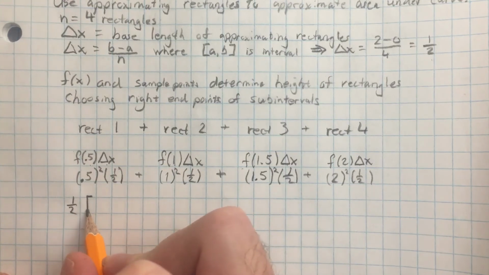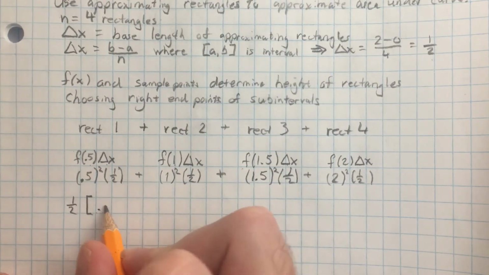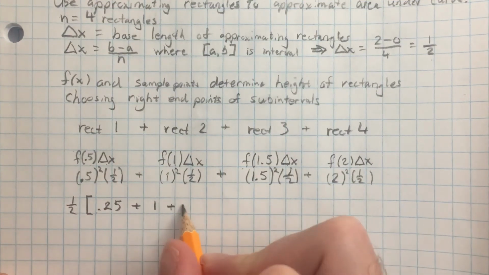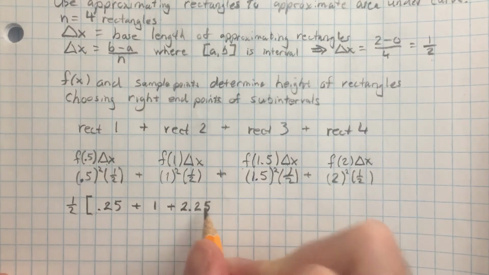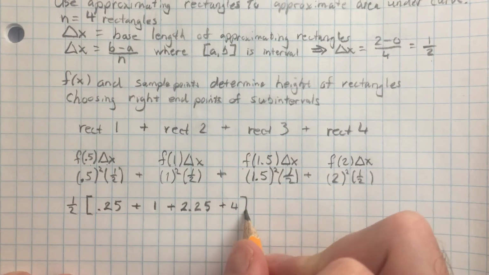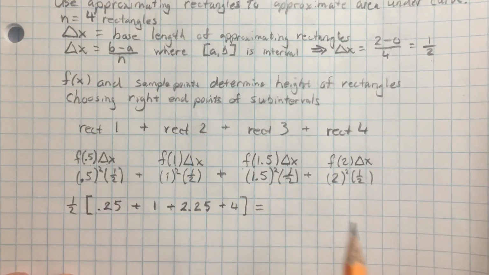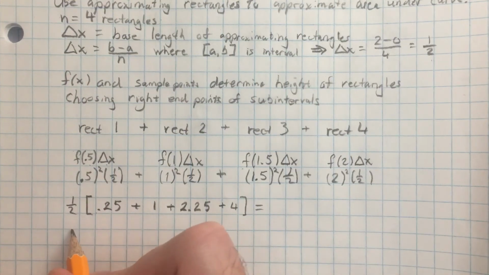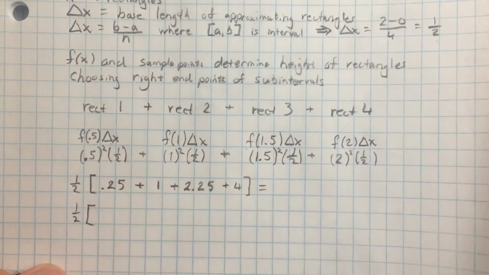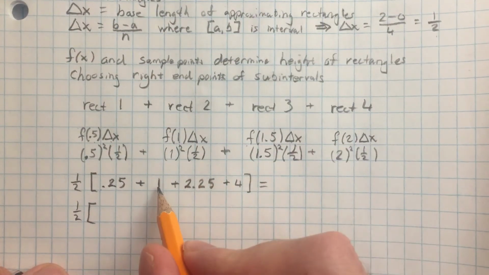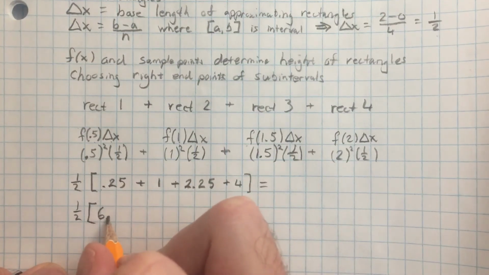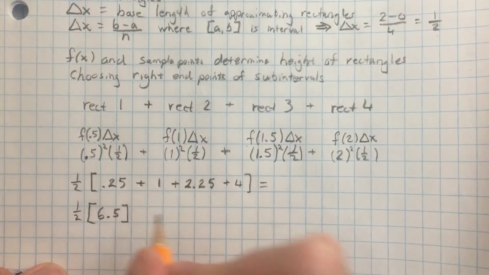So we would have 1/2 times 0.5 squared is, of course, 0.25. 1 squared is 1. 1.5 squared should be 2.25, if I'm not mistaken. And then 2 squared will be 4. All right, now we just add it together. I'll get 1/2 times, well, we've got 6.5, if we use decimals.